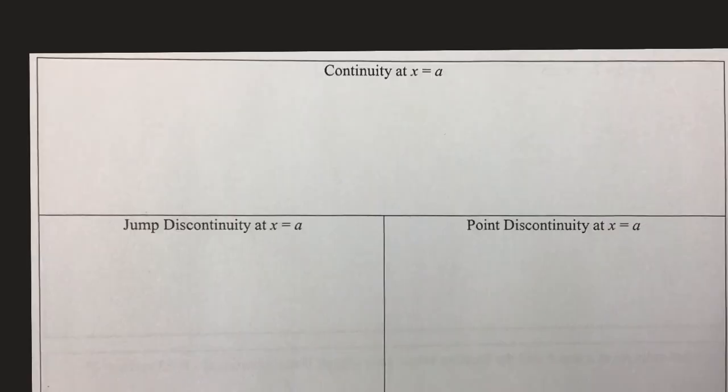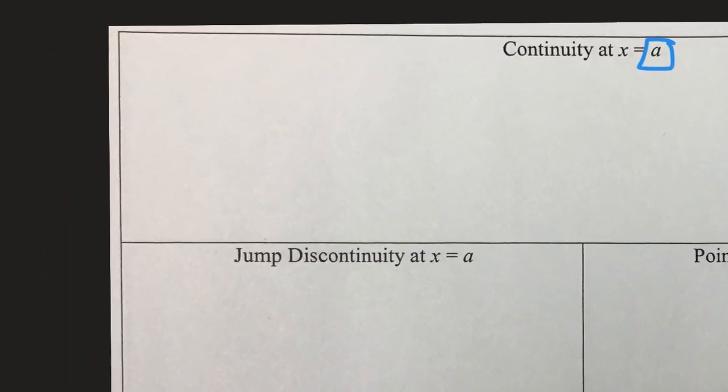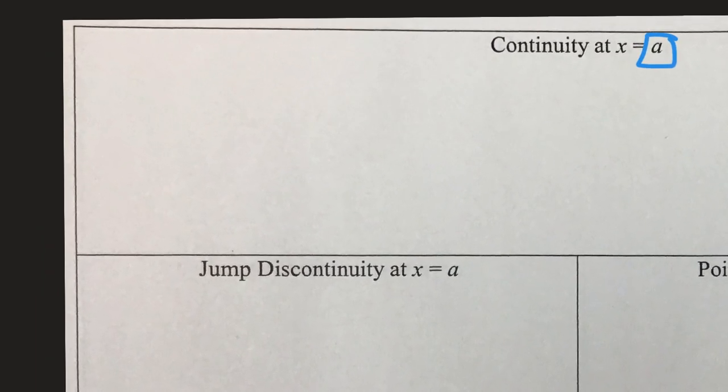So what can we say about a function if it is continuous at some value x equals a, so that's some numerical value of x that is, of course, unspecified. So let's draw that. Let's do a little xy on here. Here's your little y-axis, and there's your x-axis.